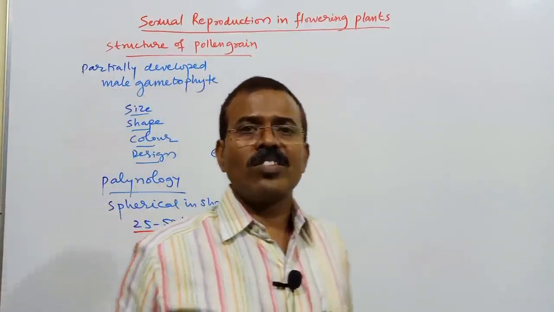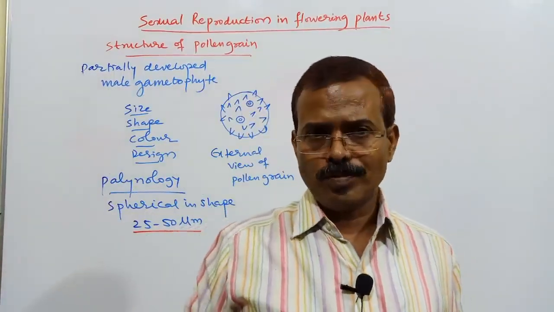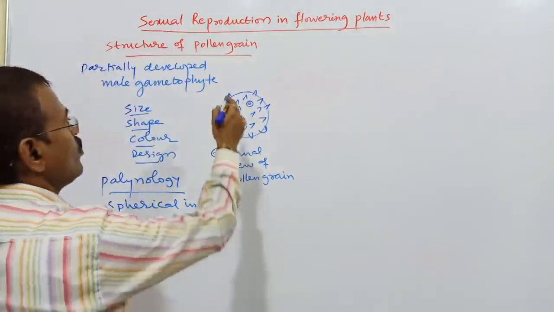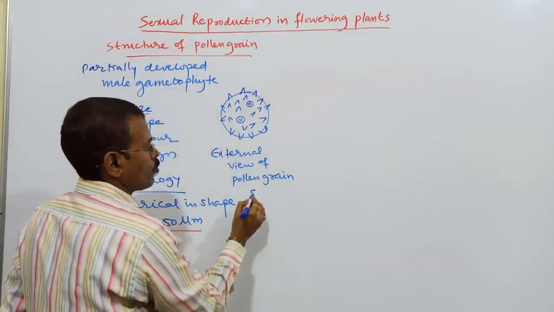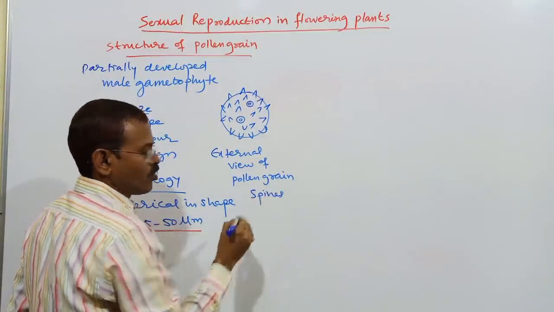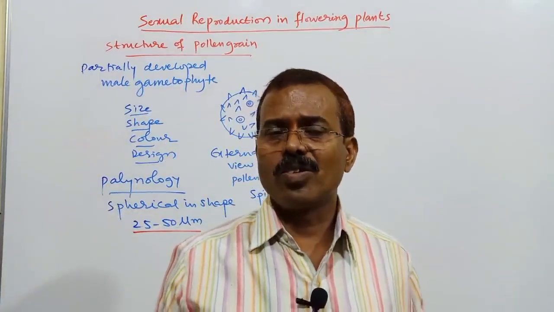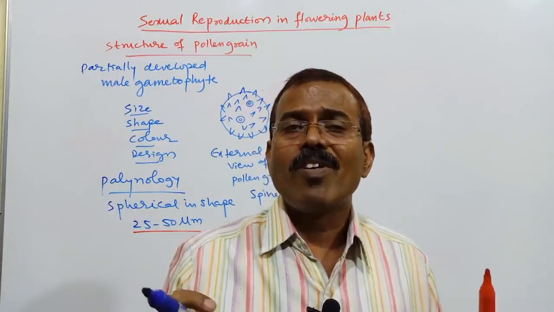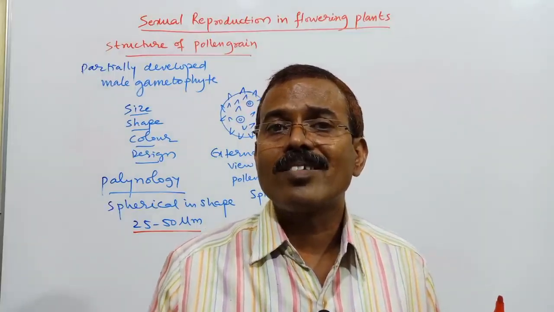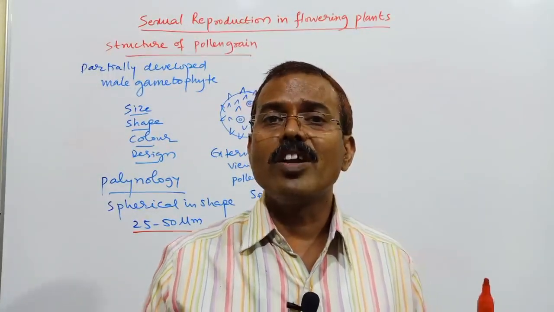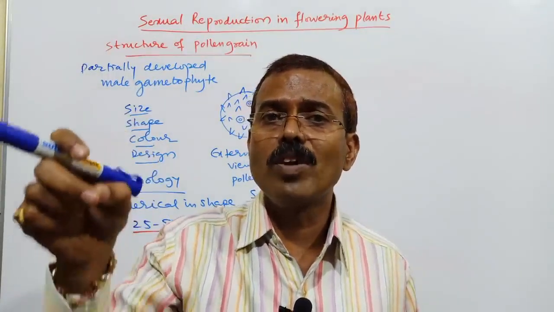This is the external view of a pollen grain, which has spines on its surface. Spines, warts, ridges, furrows, different artistic patterns or designs are found on the surface of the pollen grain.